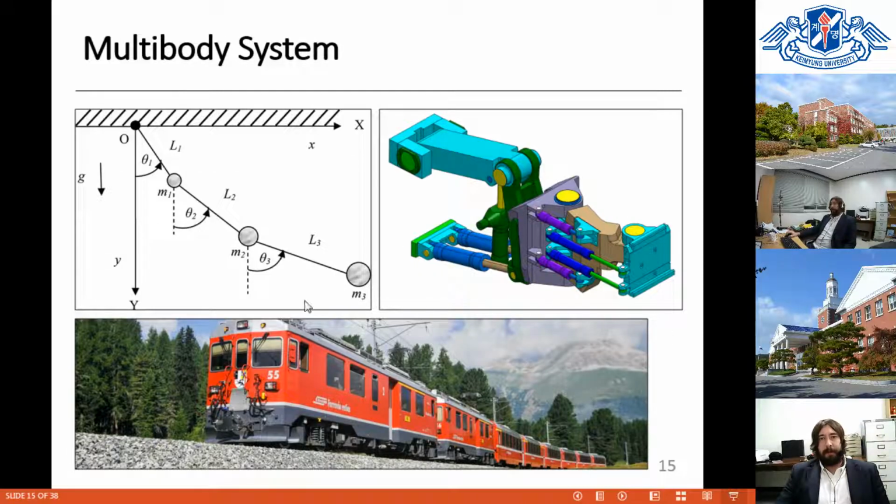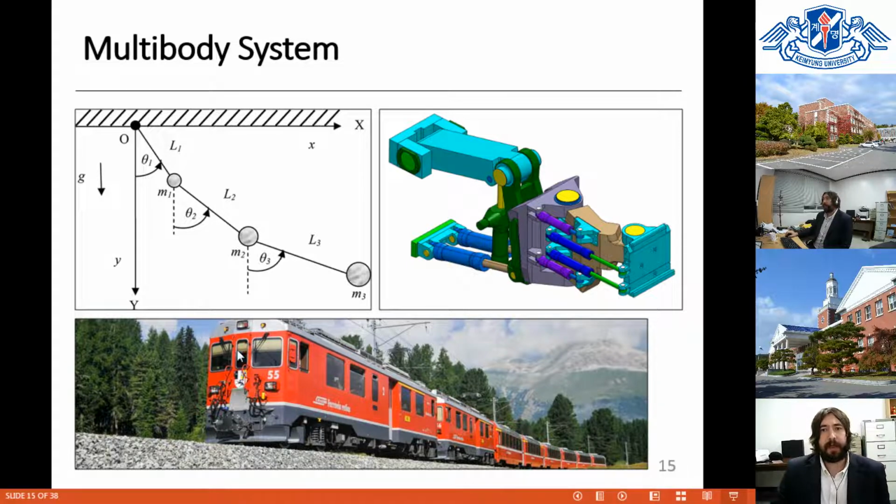Please have a look at the picture at the top of the slide. This mechanism is a multi-body system because it consists of different small parts which are attached to each other using various types of joints.